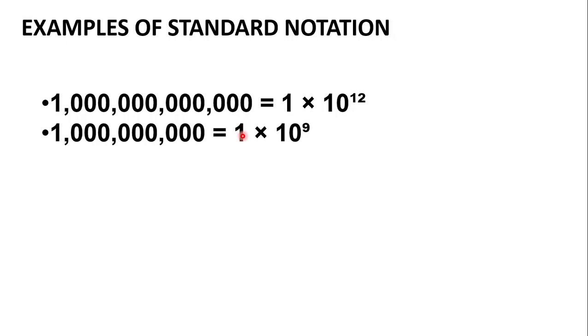It should be between 1 and 9.99999, or essentially between 1 and 10. Alright, so take note. 1 times 10 to the power 9 is the same as this number. So it's more advised that your number should be written as 1 times 10 to the power 9.